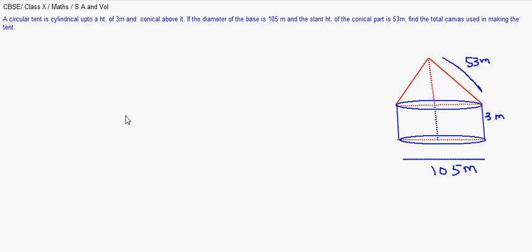To do so, we will have to use the curved surface areas because the canvas will be used here, here and this part. So the total canvas used will be the curved surface area of the cylinder plus the curved surface area of the cone.